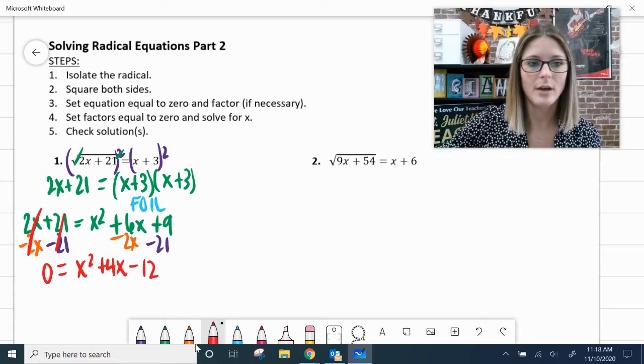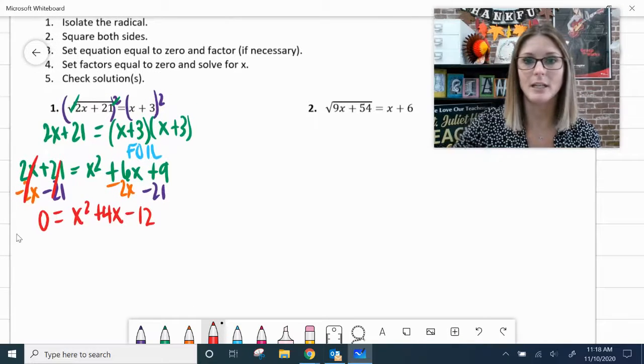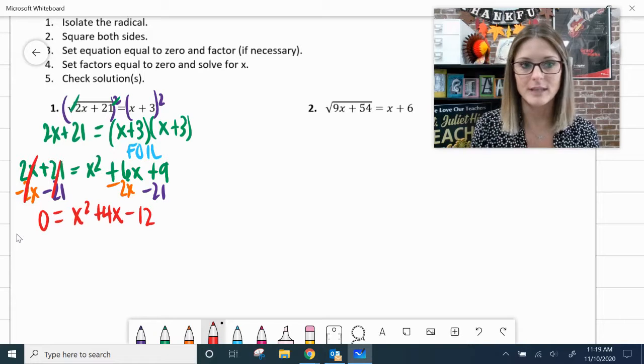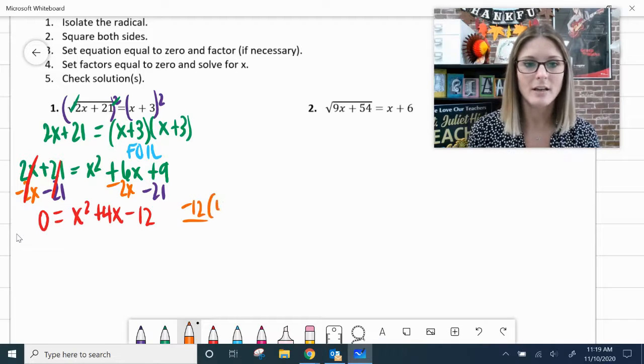So there's my quadratic. And in step 3, it says after we set it equal to 0, factor if necessary. Well, yeah, we've got a quadratic, x squared plus 4x minus 12. We need to factor. I want to find the factors of negative 12. This is just my scratch work off to the side. That would add up to 4.